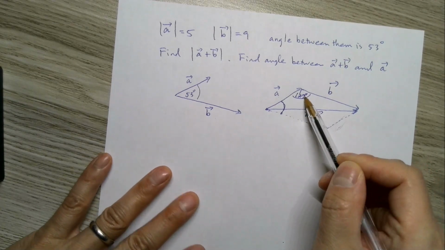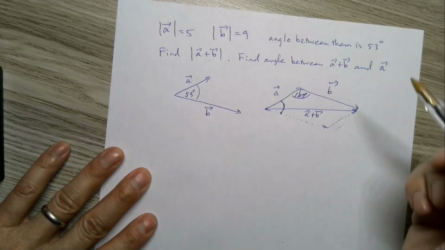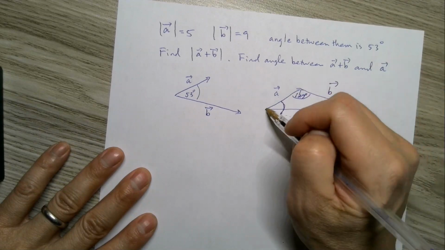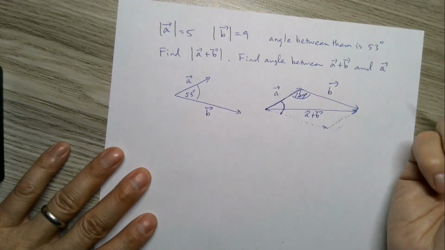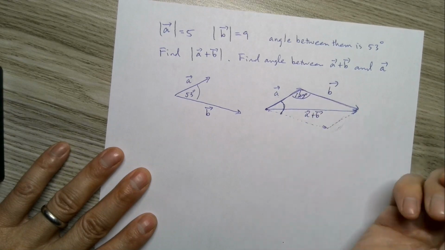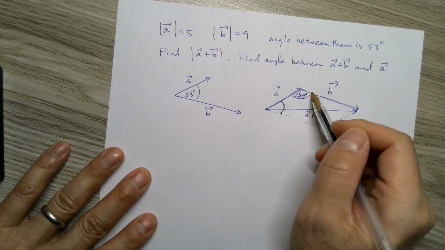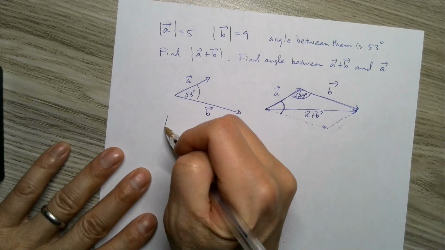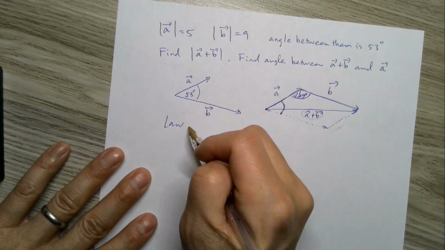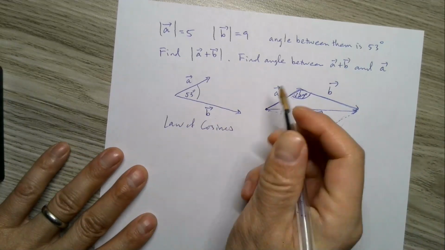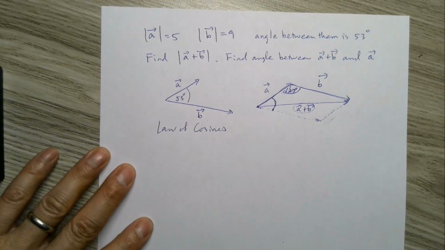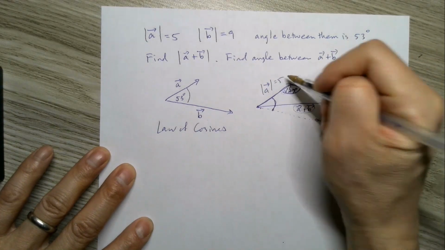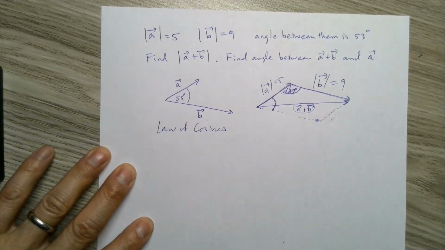The 127 is important because right now I know the magnitude of this side of the triangle, that's 5, this side of the triangle, that's 9, and the angle in between, 127 degrees. So that means I can use law of cosines to solve for this side of the triangle. Alright, so let me label this as 5, 9.